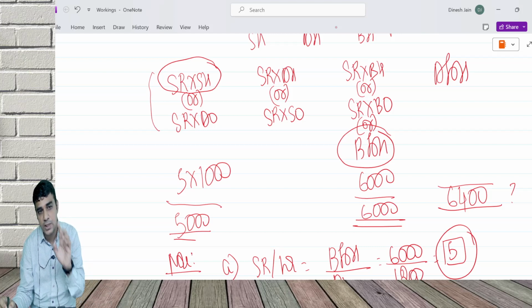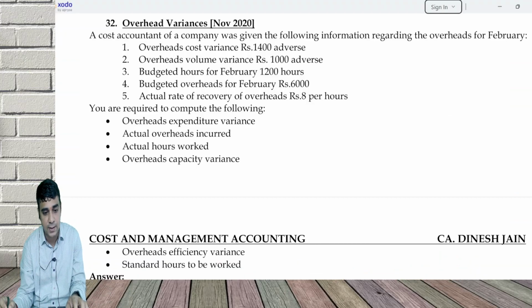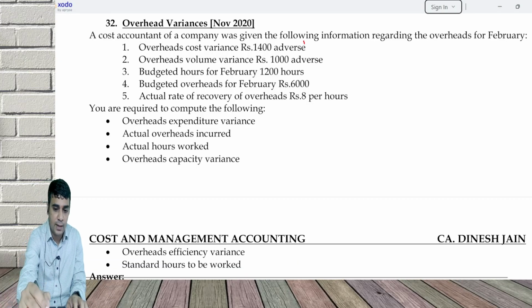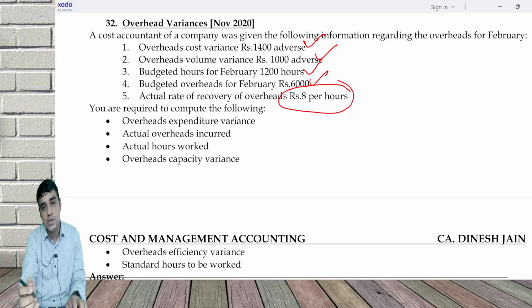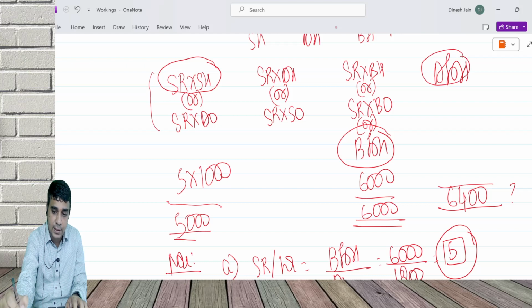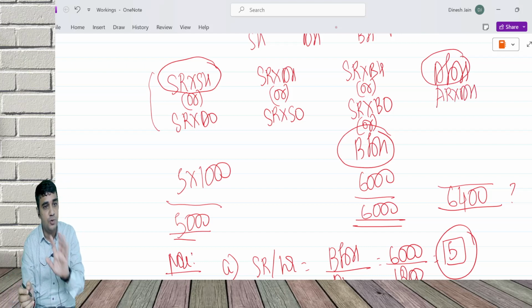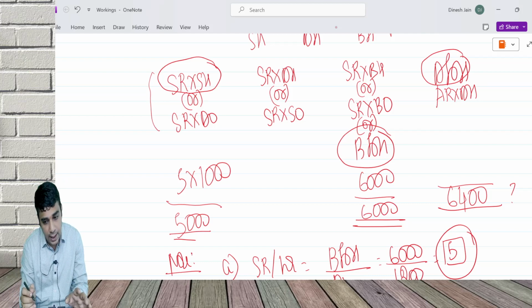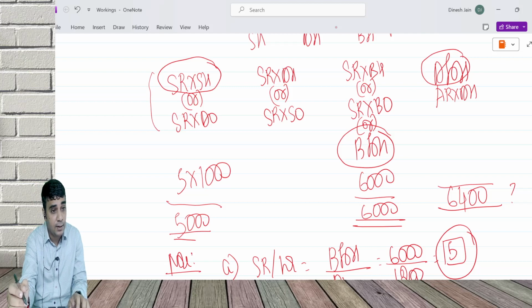There is one piece of information in the question which is going to help. I've used point number 1, point 2, point 3, point 4. What is the last information? Actual rate of recovery. Listen, AFOH is nothing but AR into AH. We have never used it anywhere. What is the actual rate they have mentioned? 8 per hour.